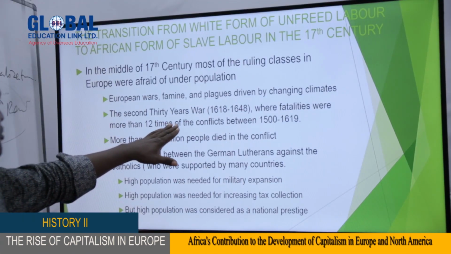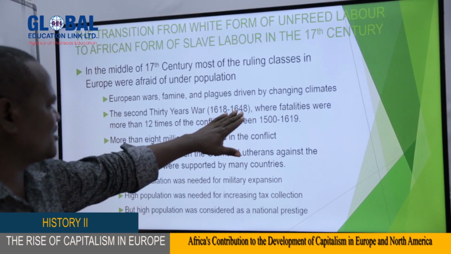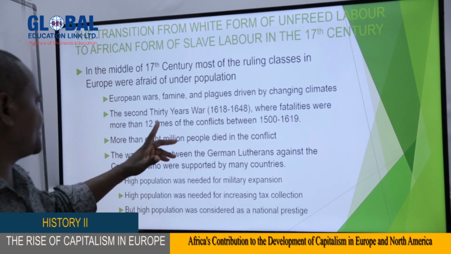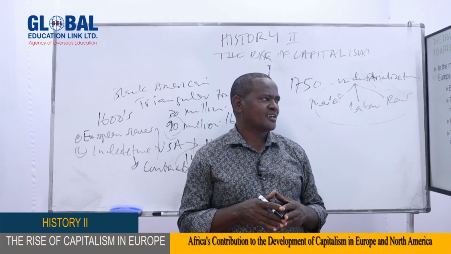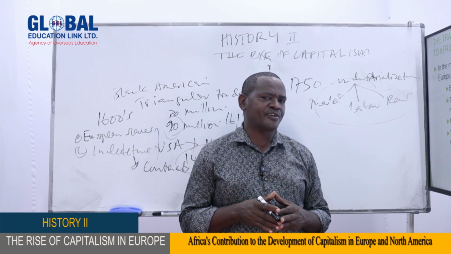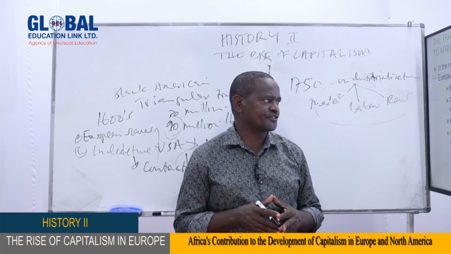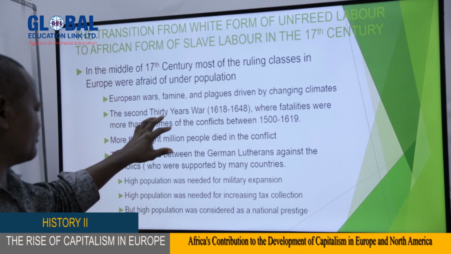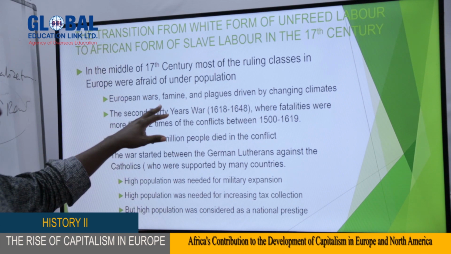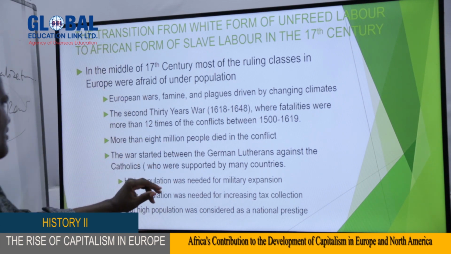The Second Thirty Years' War was fought between 1618 and 1648 in Germany, when some people were trying to establish the Lutheran Church and so on. So a lot of people died. In fact, they say the fatalities were more than 12 times those of the conflict between 1500 and 1619. So you can imagine that the conflict produced more misery than ever before.